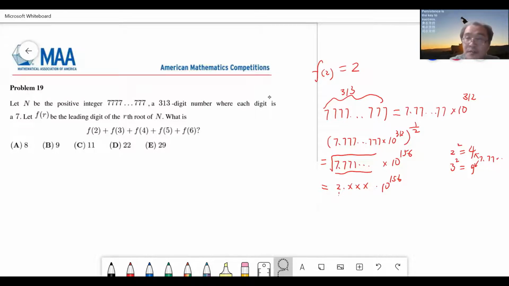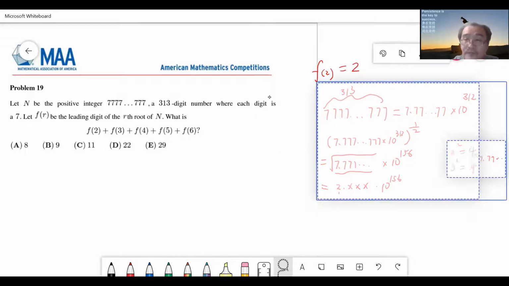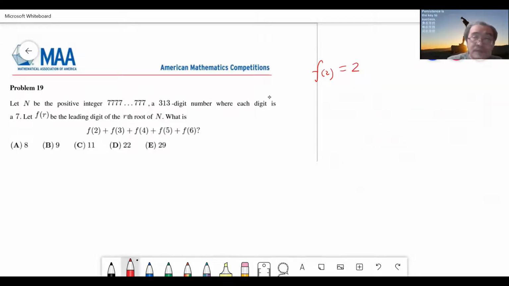Okay, let's clean the board, see what is F3. So again, this number is 7.777 times 10 to the power 312.